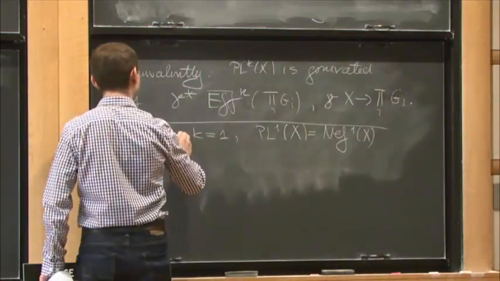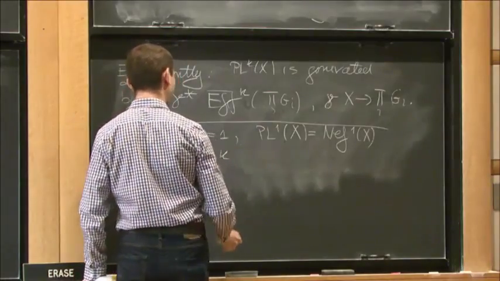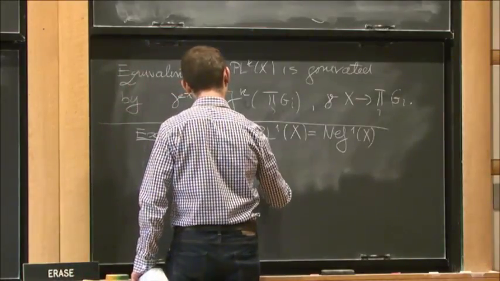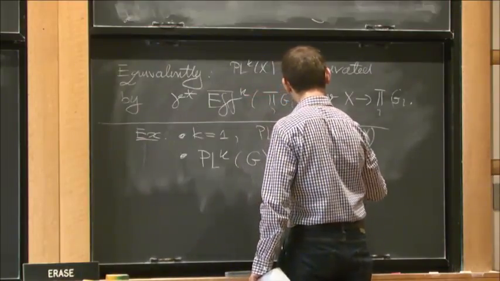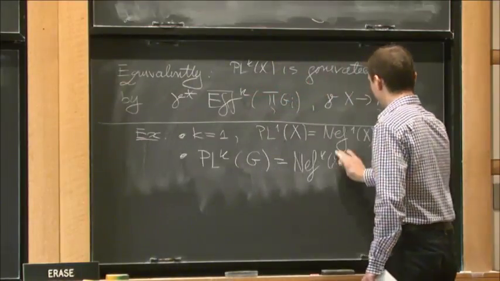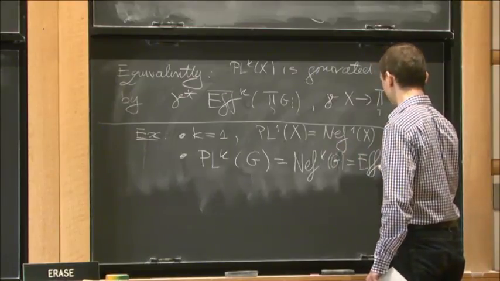So what's another example that I can do? I can compute the Pliant cones for Grassmannian varieties, and they actually coincide with the nef cone, and like I said, also with the effective cone.